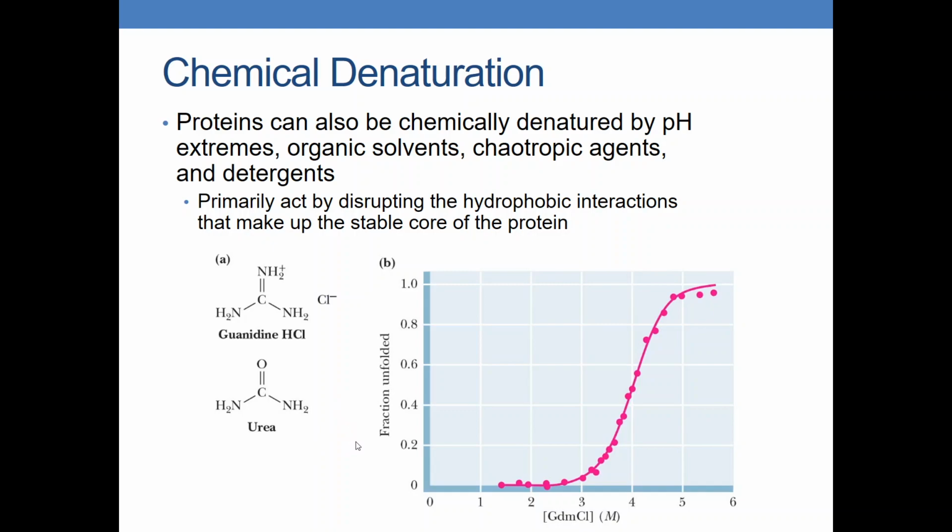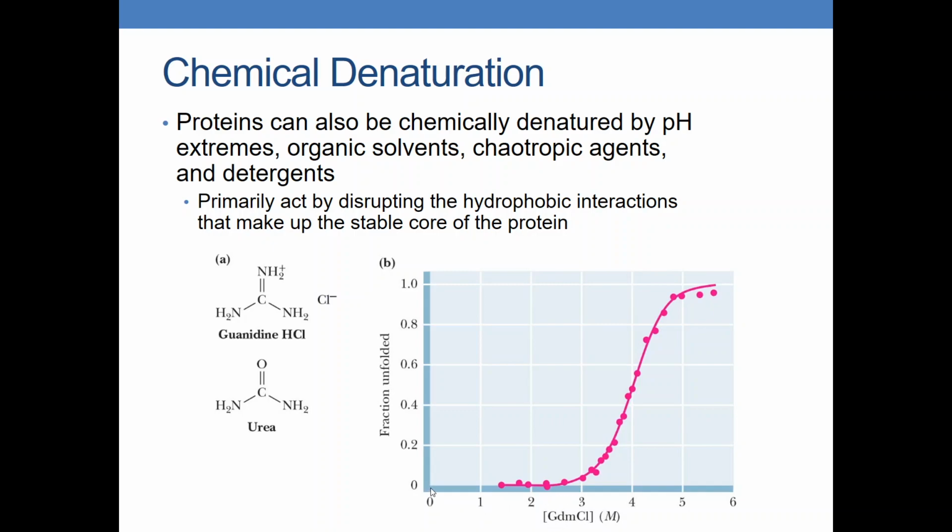The behavior looks a lot like heat denaturation. So here on the right-hand side, you'll see another unfolding curve where you have fraction unfolded on the y-axis, and on the x-axis you have concentration of denaturant. This is guanidinium hydrochloride or guanidine hydrochloride. It could equally be urea concentration, but denaturant concentration.